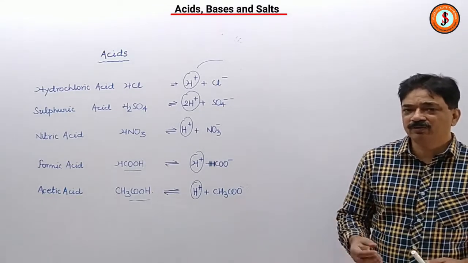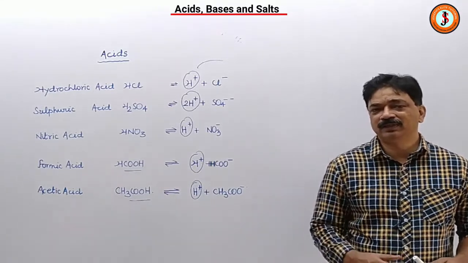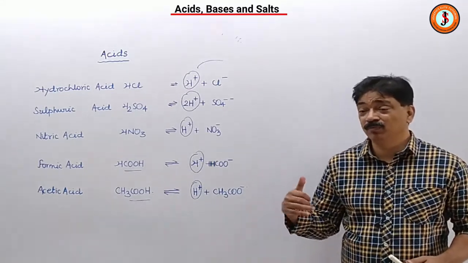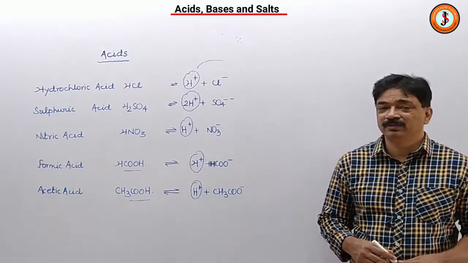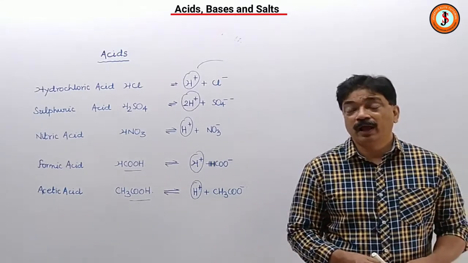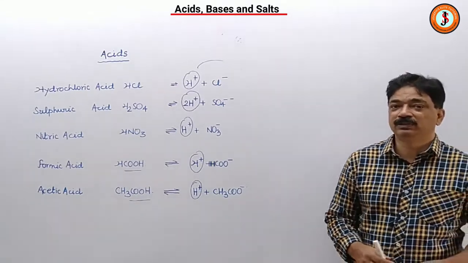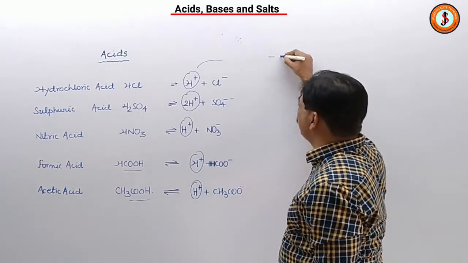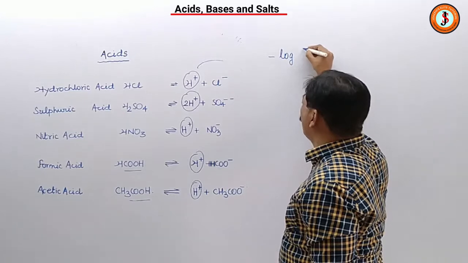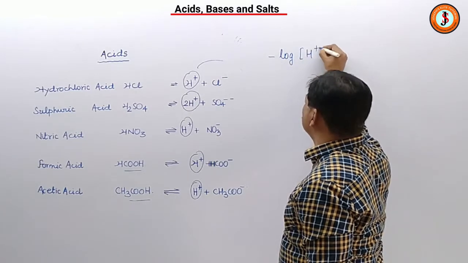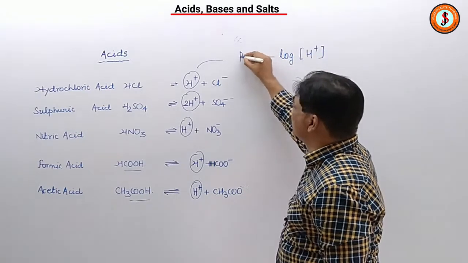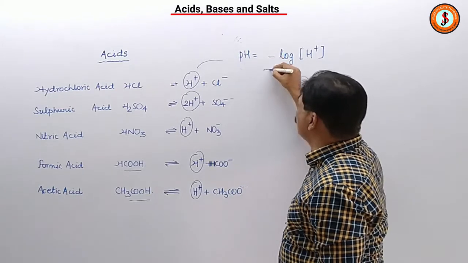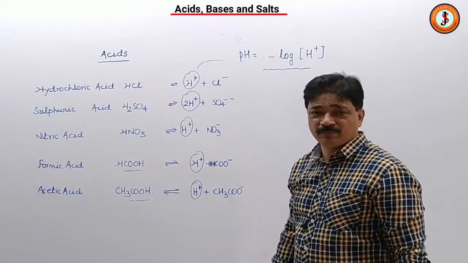The more the hydrogen ion concentration, the more acidic the nature of that compound, and the lower its pH value. Actually, pH value means the negative log of hydrogen ion concentration. That is what pH is, and it becomes positive, it's a mathematical term.